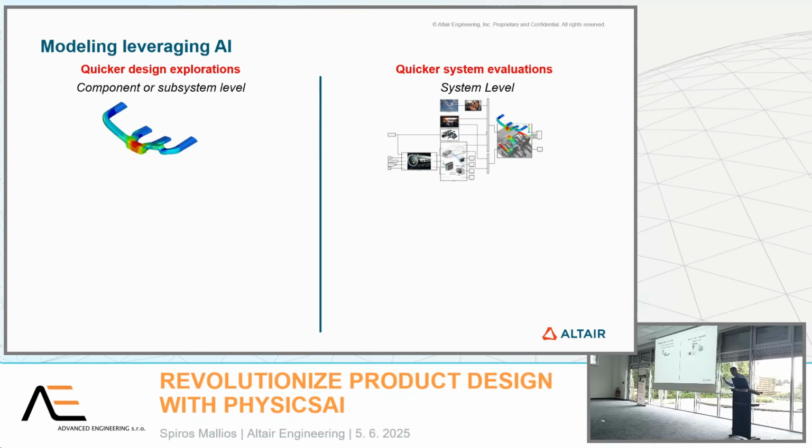And on the other hand, this part is going to live inside a system. It's going to interact with other parts. It's going to interact with the environment. It's going to cooperate with other components. So we have tools that are going to help you in both design phases.